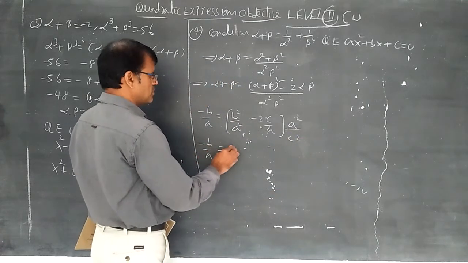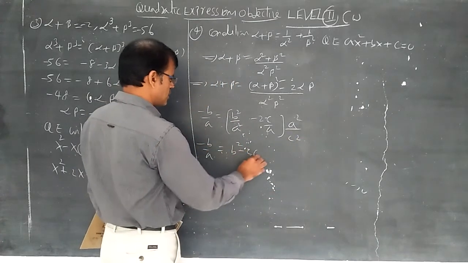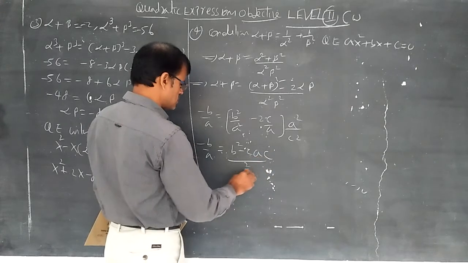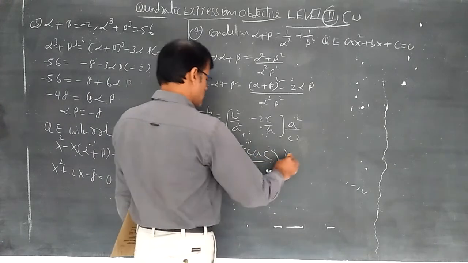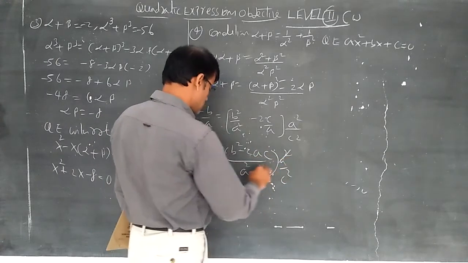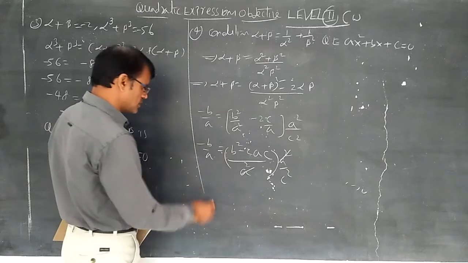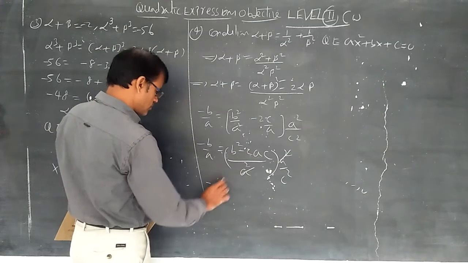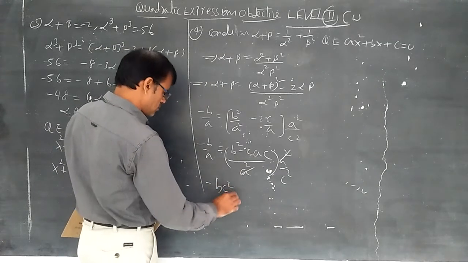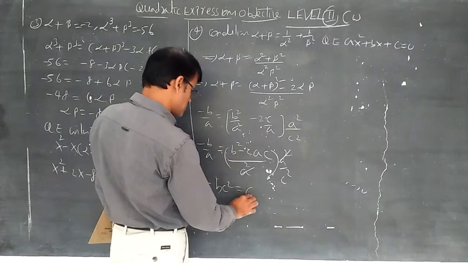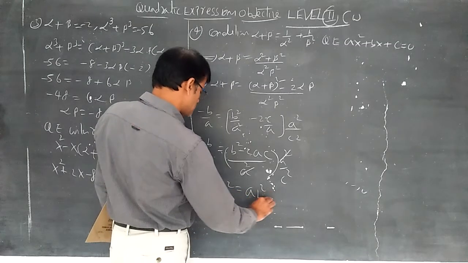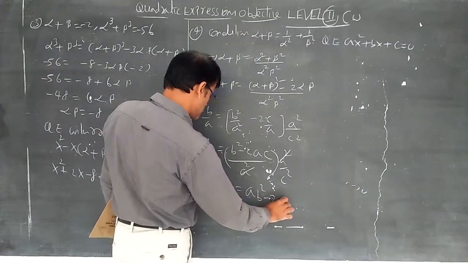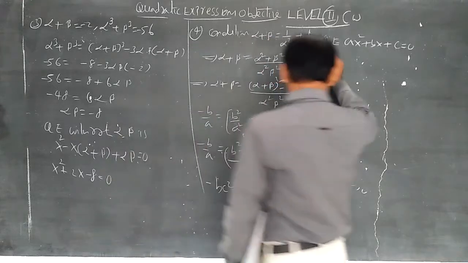So minus b by a is equal to (b square minus 2ac) by a square into a square by c square. A square will be getting cancelled. Now multiplying, minus bc square is equal to ab square minus 2a square c.